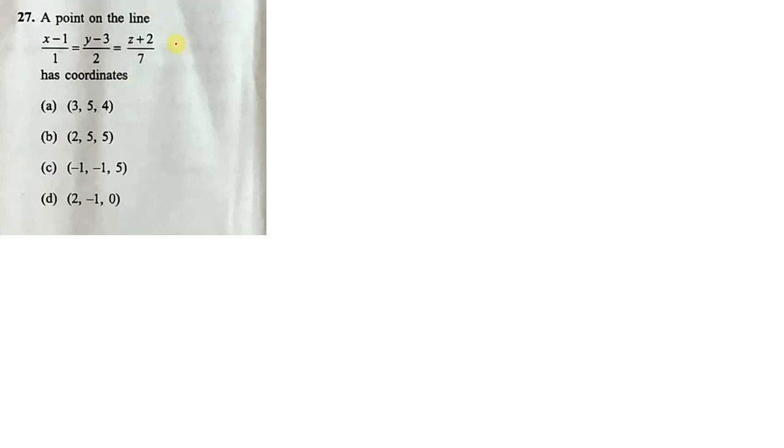Let's say the ratio equals lambda, which is a constant value, so the x coordinate of the point should be 1 plus lambda, the y coordinate should be 3 plus 2 lambda, and the z coordinate should be minus 2 plus 7 lambda. So what is the possible value of lambda?